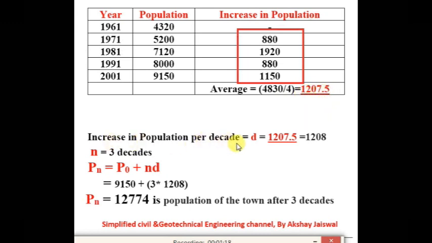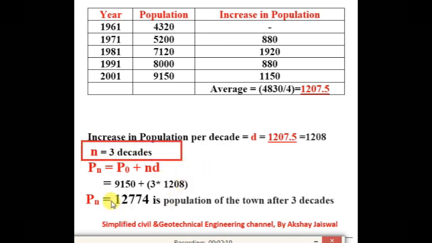Increase in population per decade d is equal to 1207.5, and approximately we can say 1208. In the question it is given to find the population after 3 decades, hence the value of n will be 3.